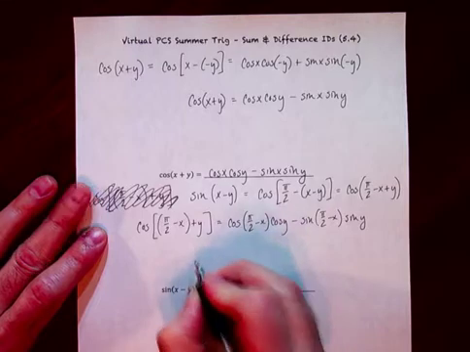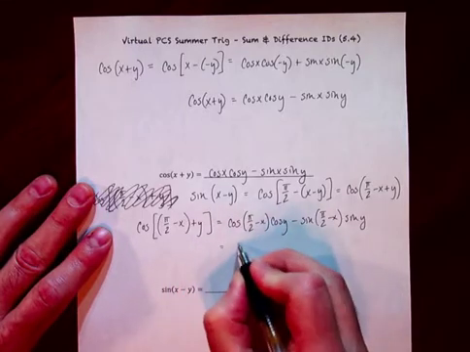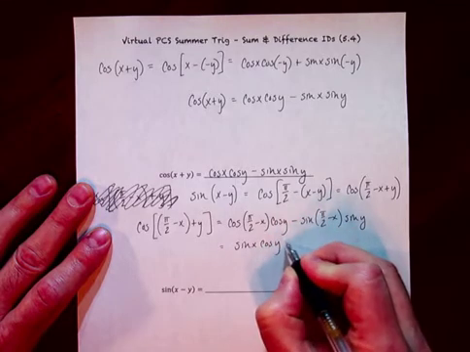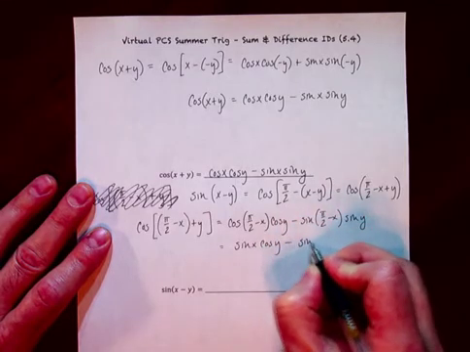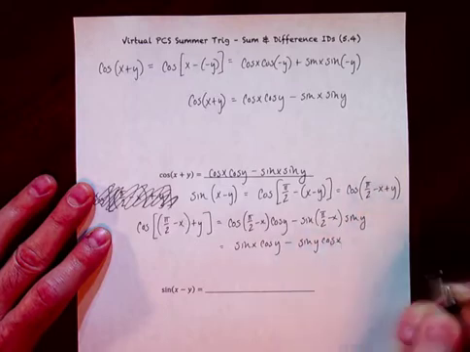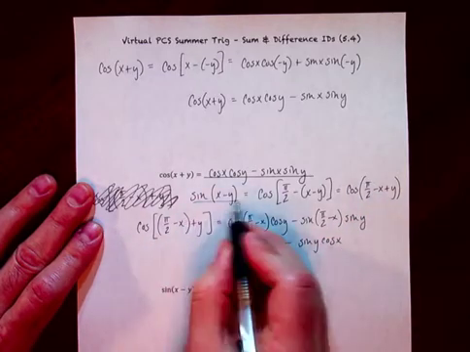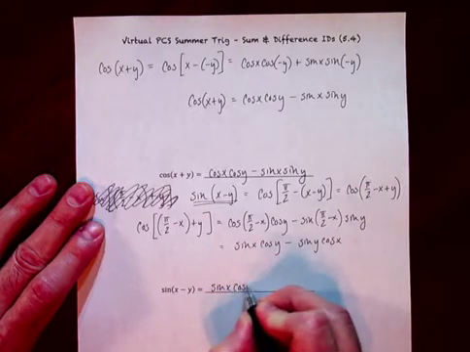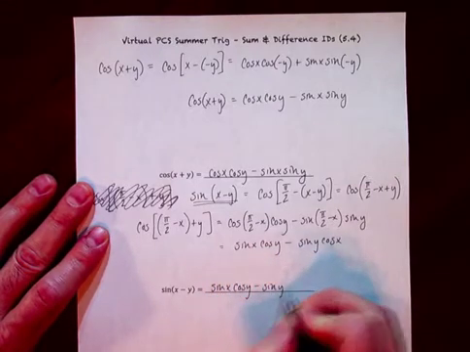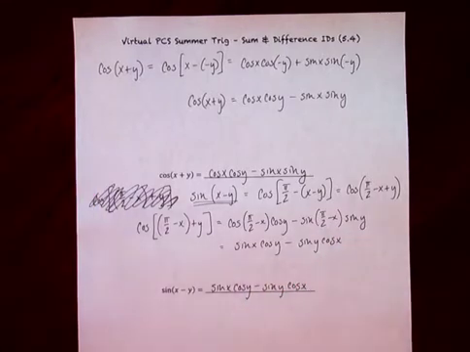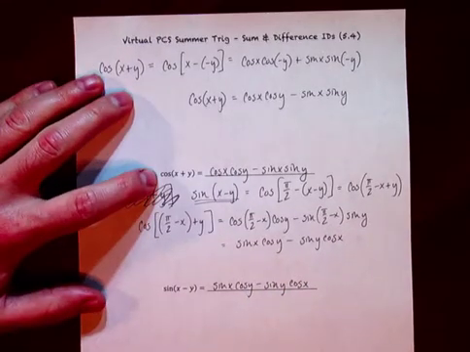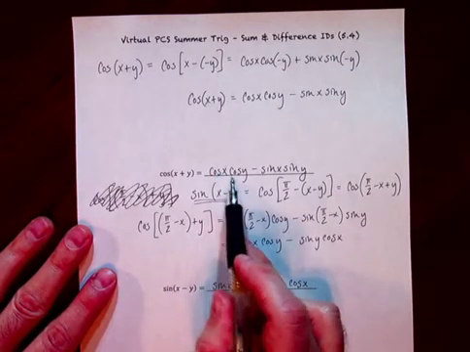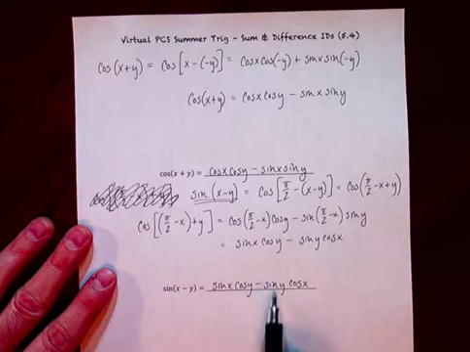Well, that means I'm going to get sine x by the cofunction identity, cosine y, minus sine y cosine x. So I have sine x cosine y minus sine y cosine x, and that's how we not only transform cosine into sine, but how we turn cosine cosine, sine sine into sine cosine, sine cosine.